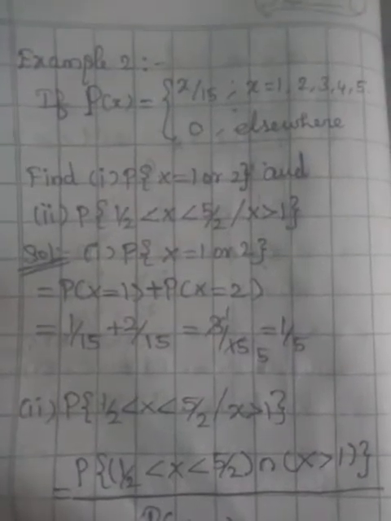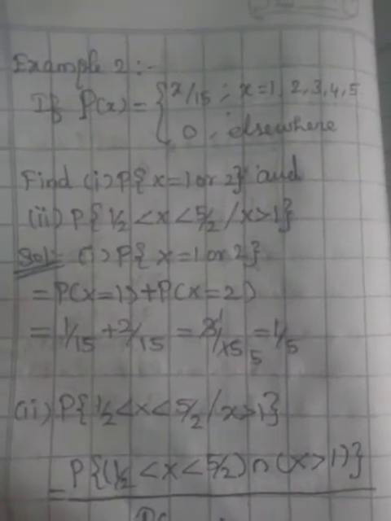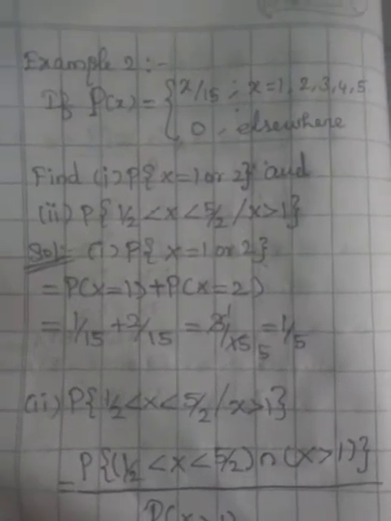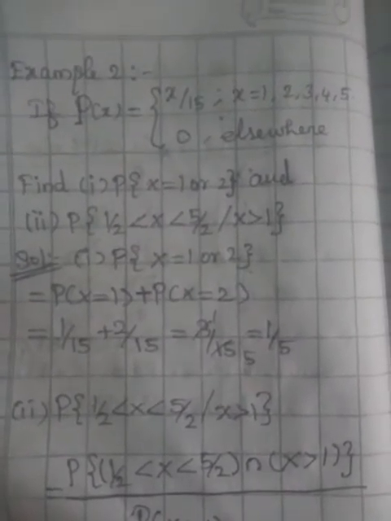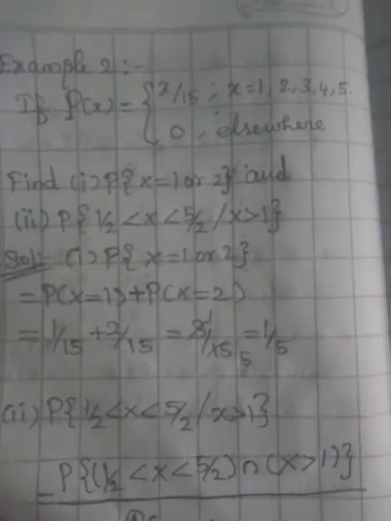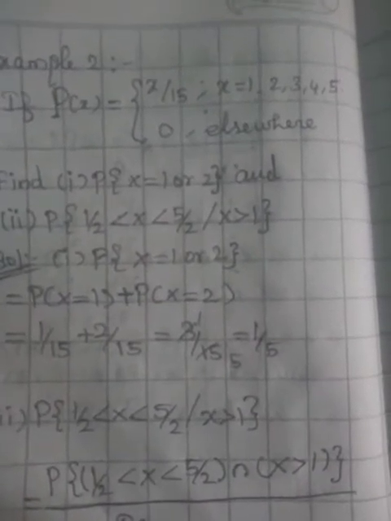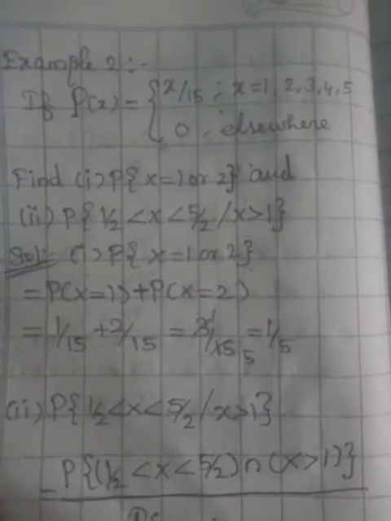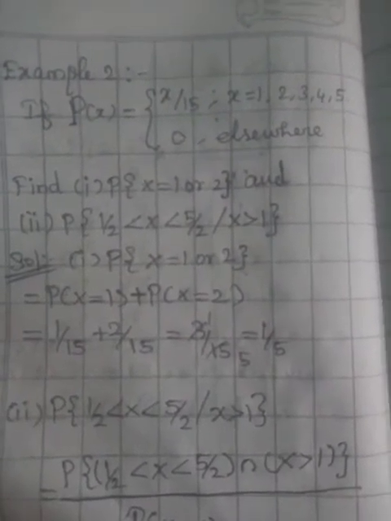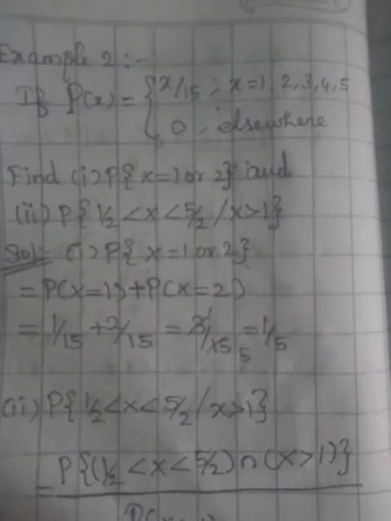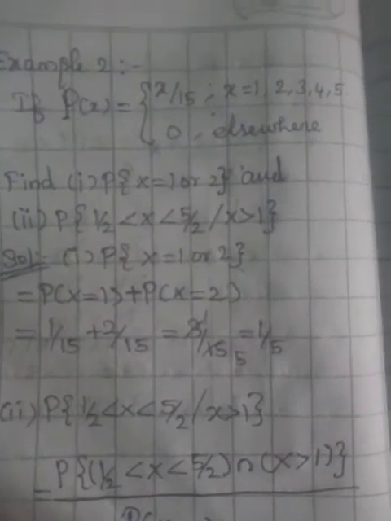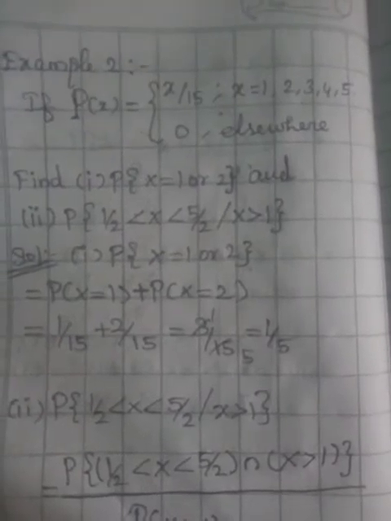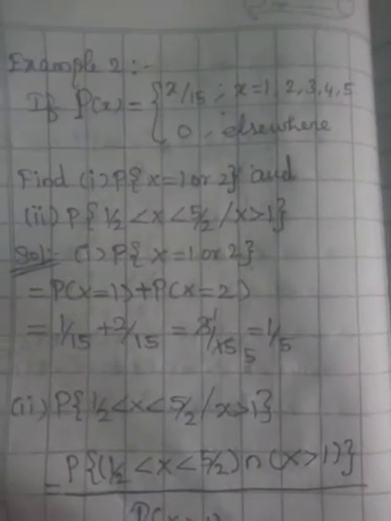Number 1 solution: P of x is equal to 1 or 2 is equal to P of x is equal to 1 plus P of x is equal to 2. P of x is equal to 1 value is 1 by 15 plus P of x is equal to 2 value is 2 by 15. Adding these values, we get 3 by 15, cancelling 1 by 5.